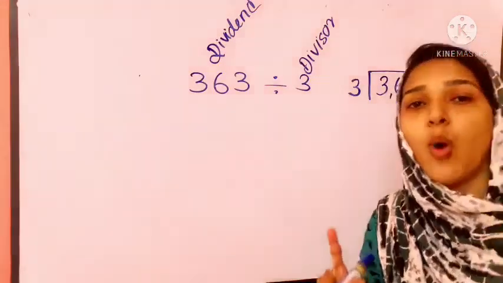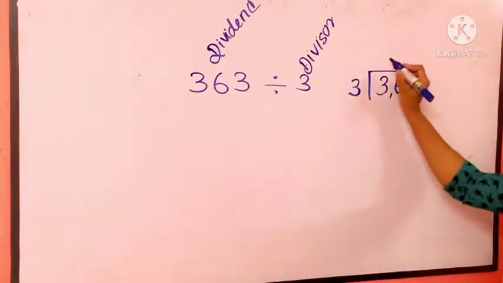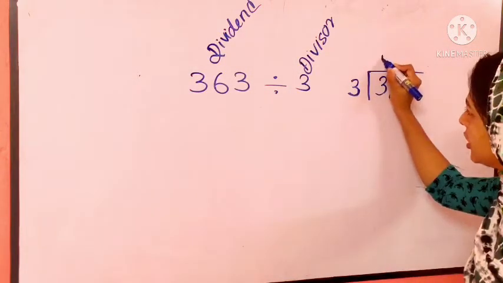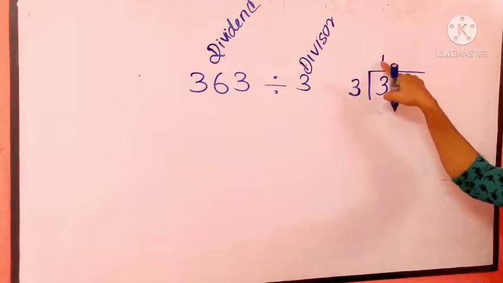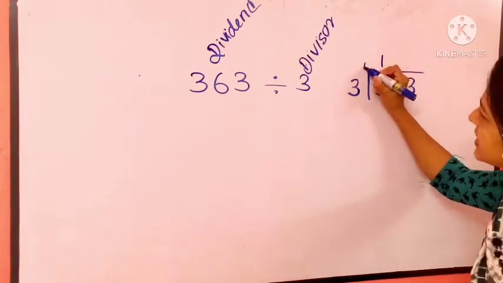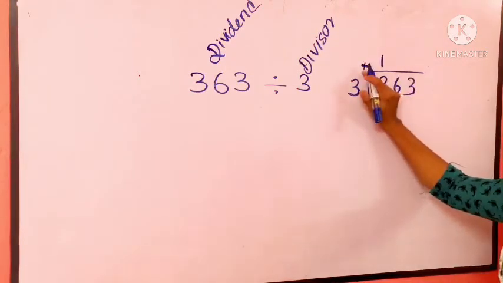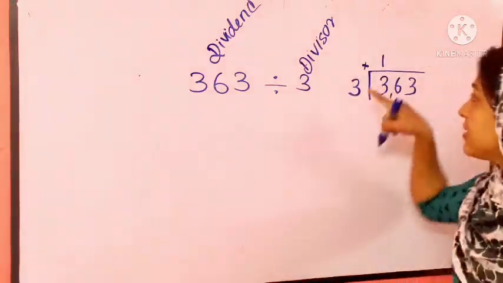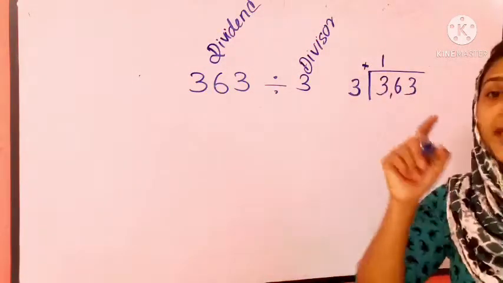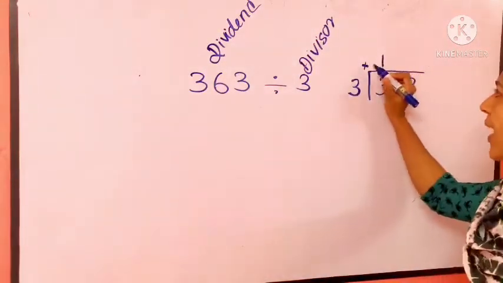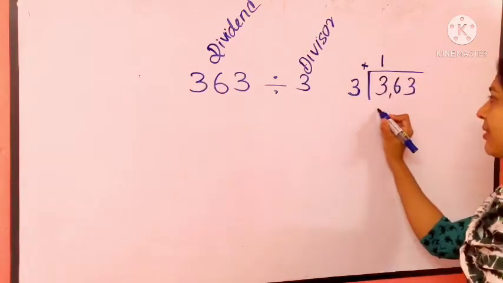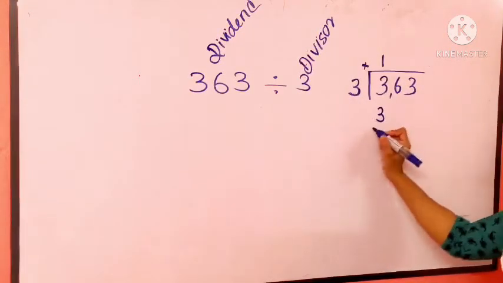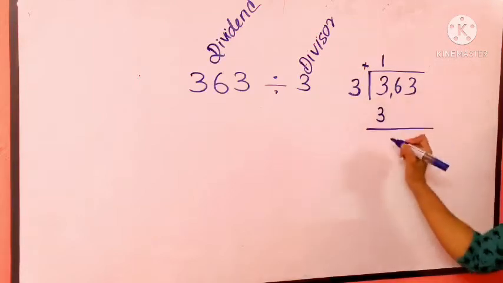We all know 1 3s are 3. So we should write 1 on the top of the first digit. This 1 is a multiplication mark, an imaginary 1. I am writing this multiplication just to make you understand. So 1 into 3, 1 3s are 3. Write that 3 under the first digit.